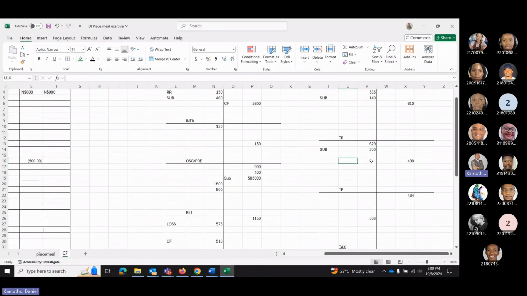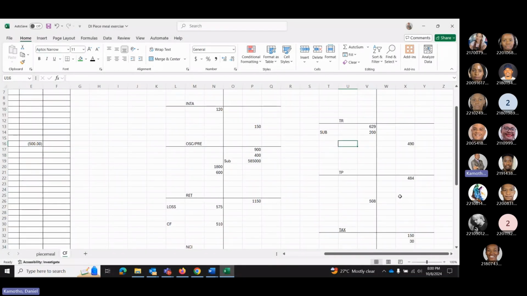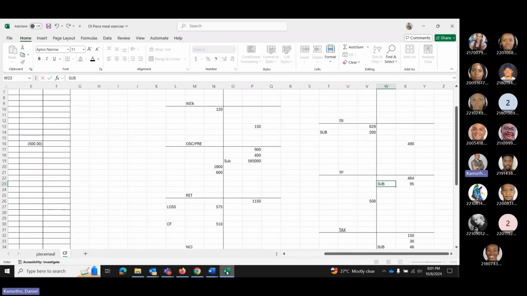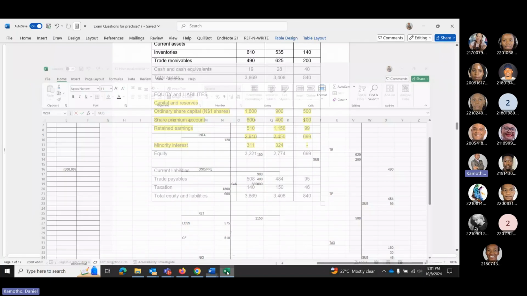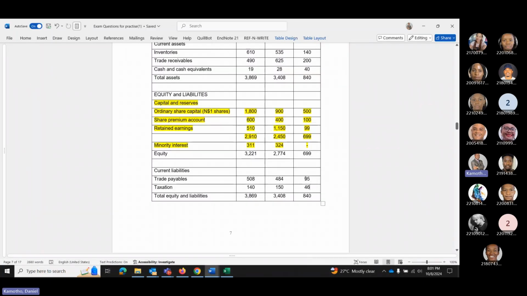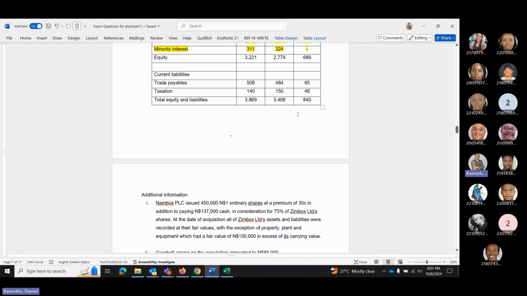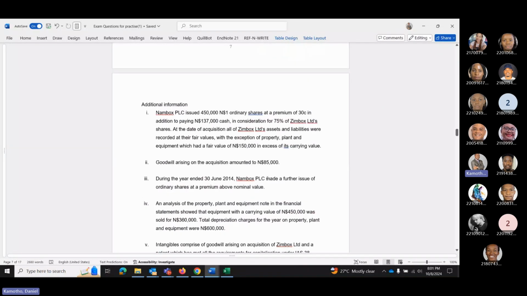This is 95 trade payable and tax is 46. That is from the subsidiary, just to be sure where it is coming from. Okay, so we have now moved all the data as far as the subsidiary is concerned, and we have applied the acquired goodwill of 85.